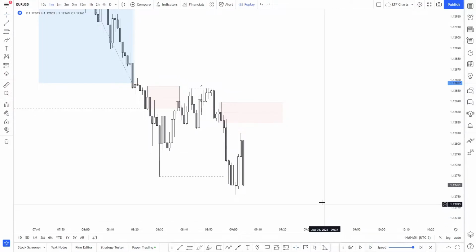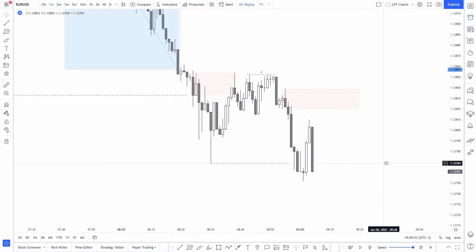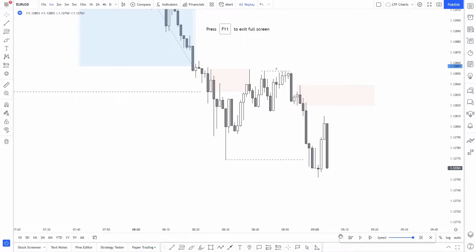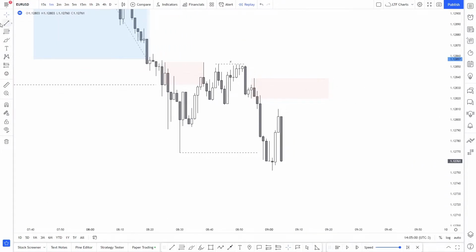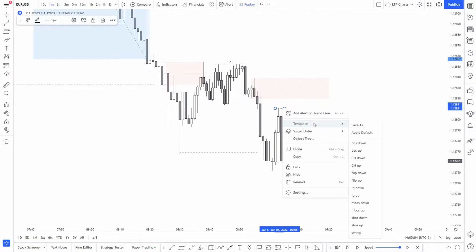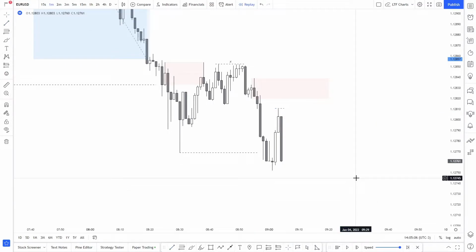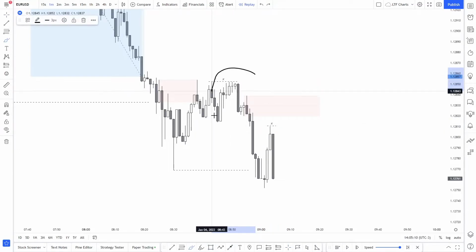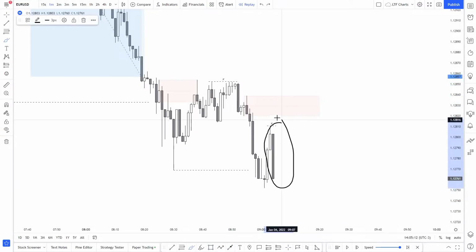Okay, so this is actually a really good manipulation. Manipulation is simply big players inducing people to try and sell or buy, creating liquidity towards this or that POI. That means lots of stop losses are in place here based on the move that happened here and the reaction that we are getting now.